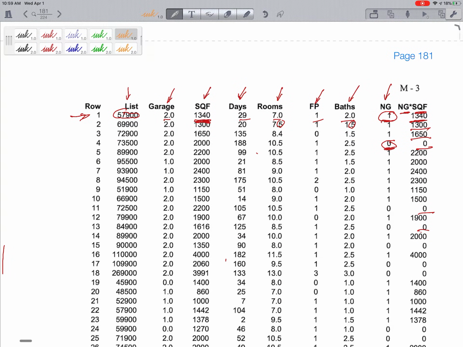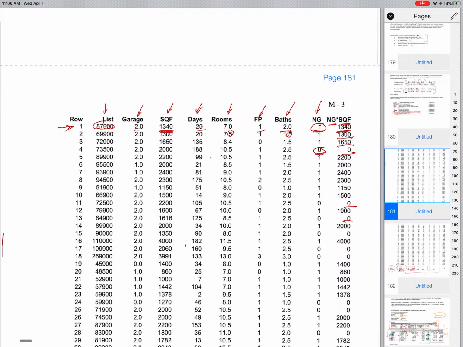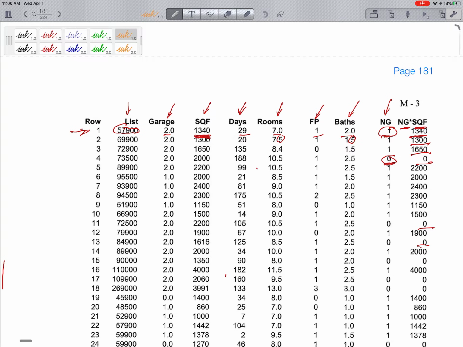I briefly talked about this in the very first lesson that we had for Unit M. But here's NG, which takes on values of 0 and 1. And when you multiply the SQF value, 1340, times NG, this is a house with natural gas, then you end up with the slope shifter, NG times SQF, of 1340. So for these first 3, where you've got the NG equal to 1, they're just duplications of these guys here.